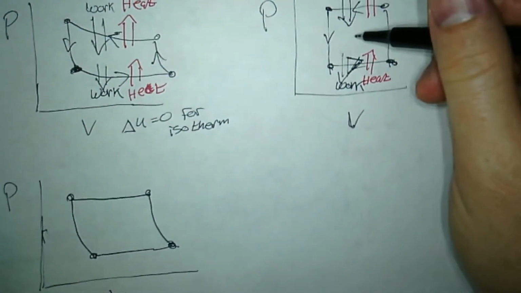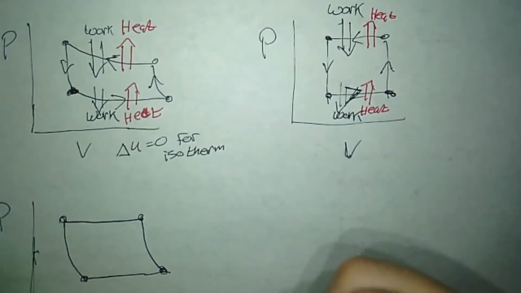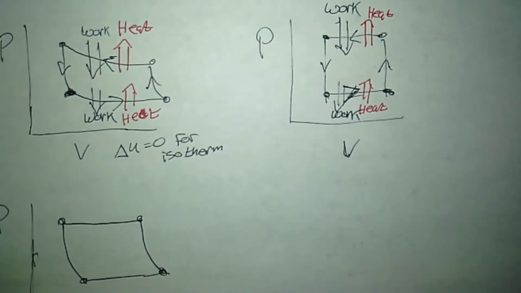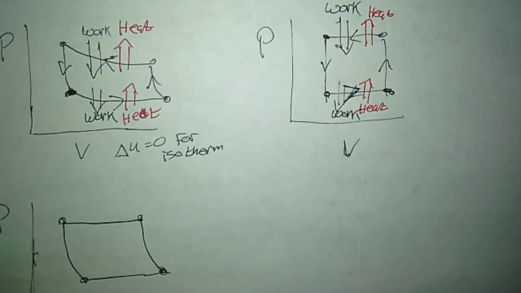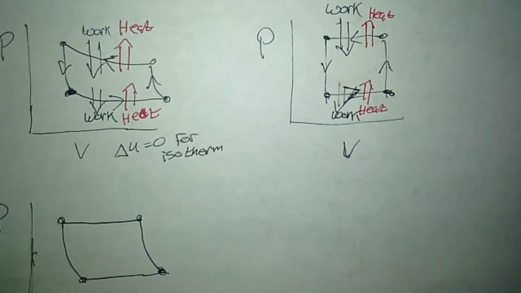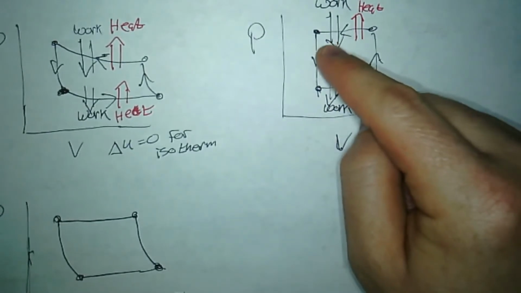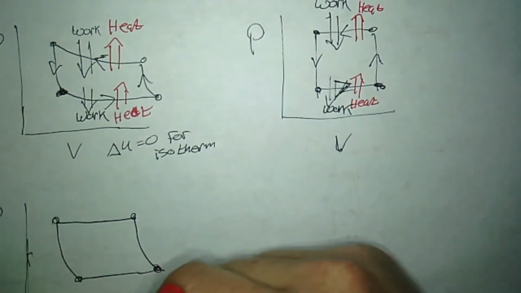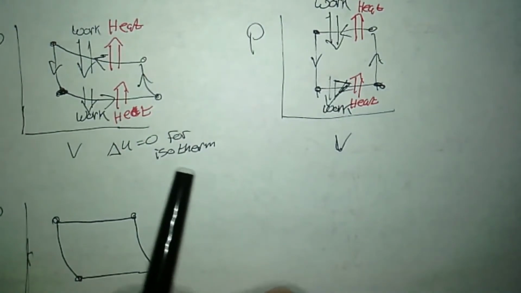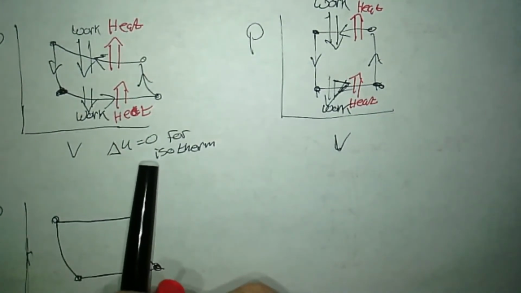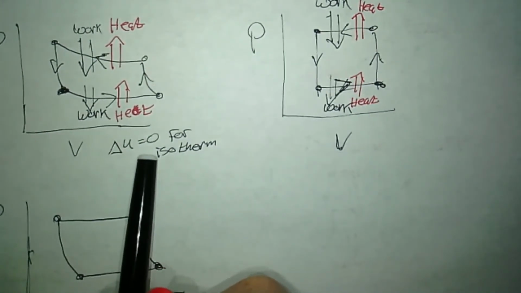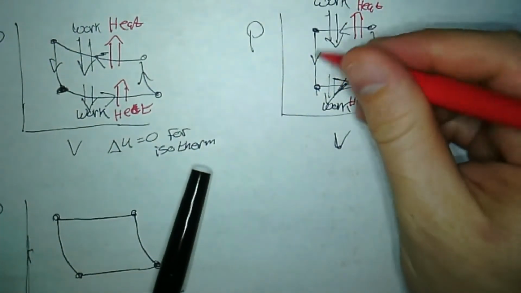On these sides over here, since we are cooling this process down, going from a high temperature to a low temperature, and we are also doing it without changing volume, my pressure is decreasing because things are slowing down. That must mean I have heat flowing out.